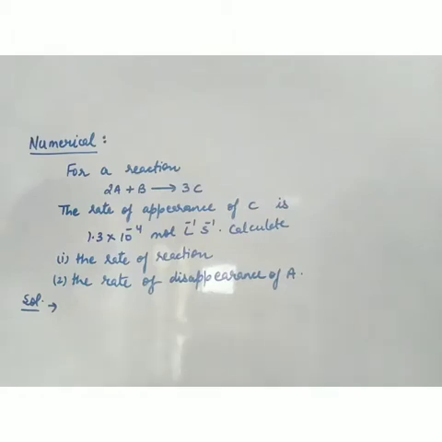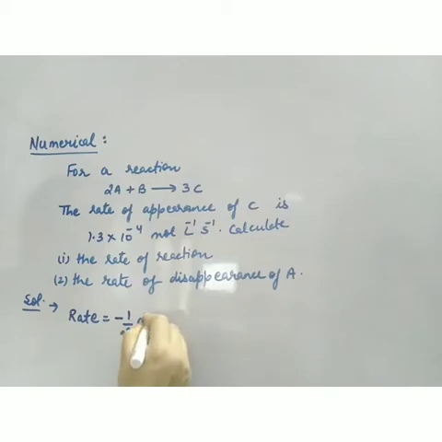Now how to solve such type of questions? First of all, by looking at the reaction, we will write the expression for rate. So rate is equal to, now for reactants we use negative because as time passes the concentration of reactant decreases, minus 1 upon 2 dA upon dt. D we use for instantaneous rate, and whatever number of moles are there comes in the denominator.